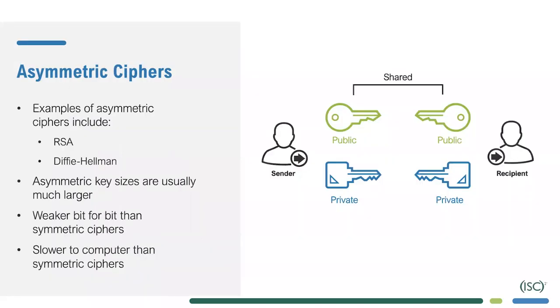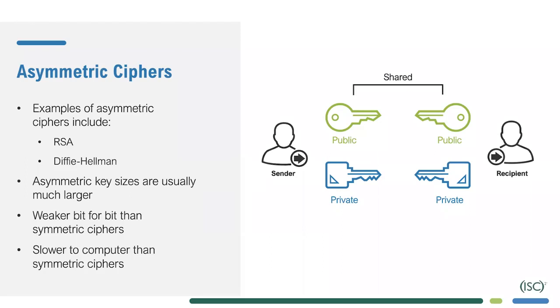Some asymmetric encryption ciphers include RSA. Mathematically, the approach of our asymmetric ciphers is very, very different. Instead of substitution, permutation, and so on, what they're doing is creating these two key pairs using a mathematical algorithm.